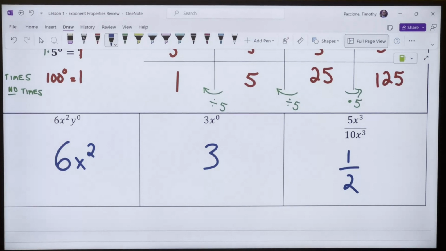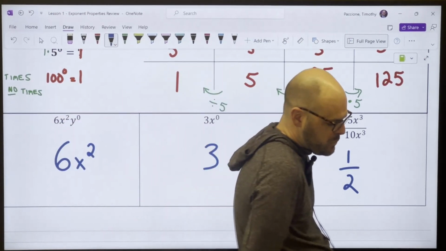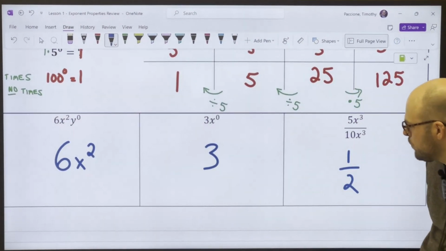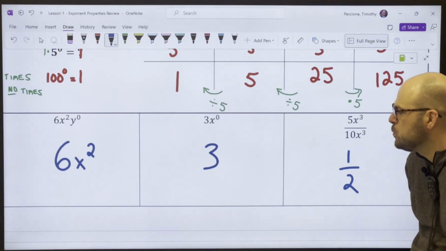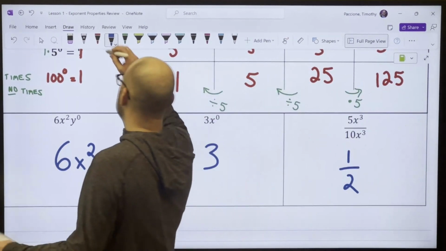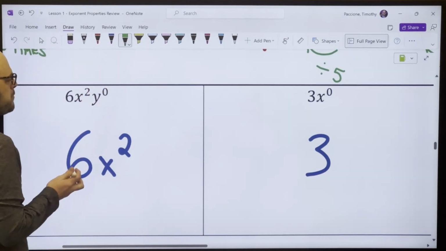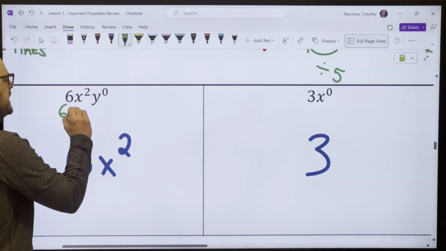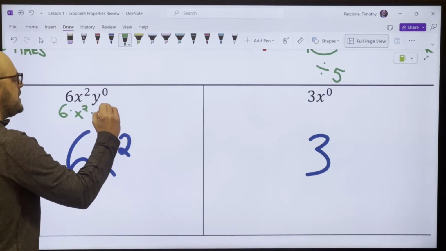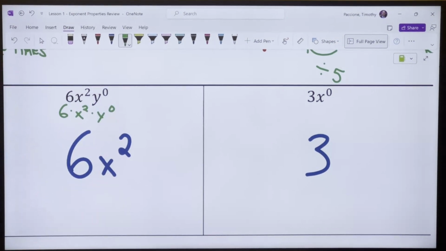What's up? I figured this out when you helped me. But when I tried to separate the two, I did 6 by itself, x by itself, and then y by itself. So you did 6 times x squared times y to the 0. Okay? And what is y to the 0? 1.